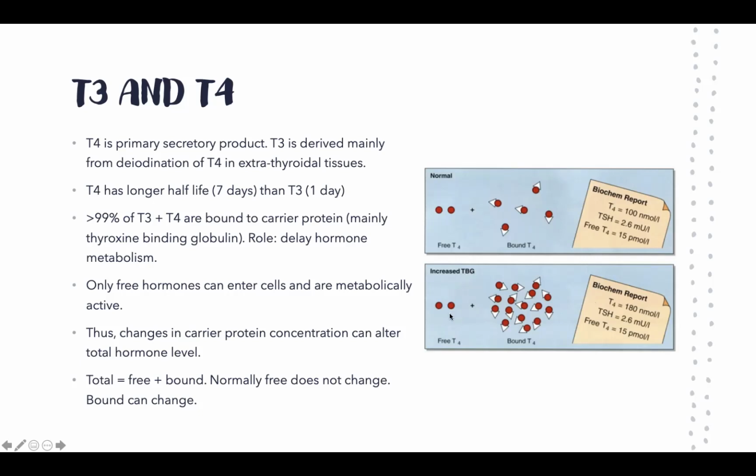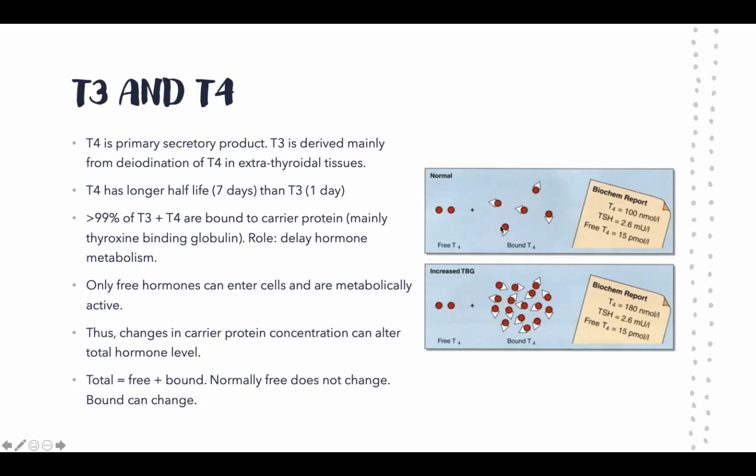If, for example, a carrier protein becomes reduced, why might this be the case? For example, nephrotic syndrome, where you're losing protein through your urine, or malabsorption, or systemic illnesses, which can drop your protein production.